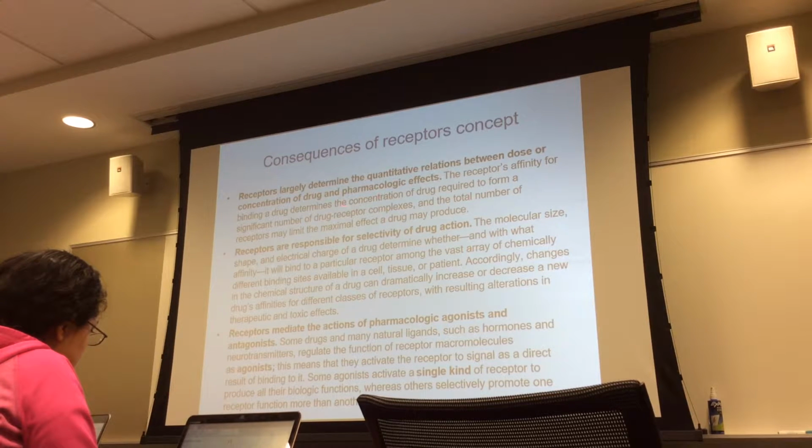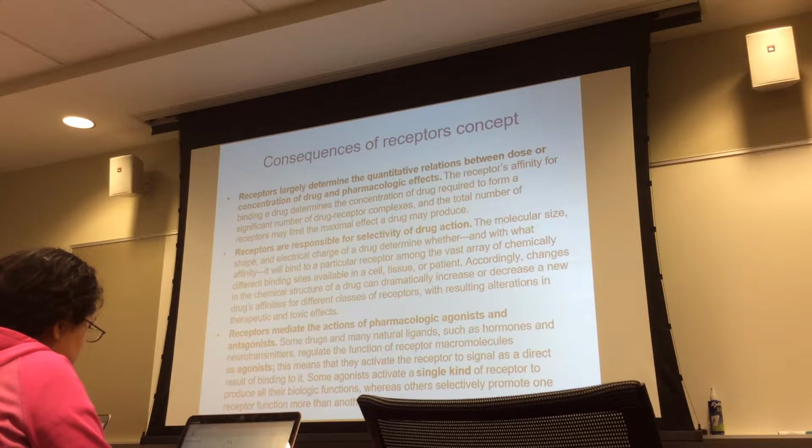Receptors are responsible for the selectivity of drug action. Some drugs only work on one receptor, but the majority work on multiple receptors. There is not a single drug that works 100% on one receptor only. They have structural similarity with other receptors, so a drug may interact mostly with 5-hydroxytryptamine receptors but have side effects on cholinergic receptors, and so on.